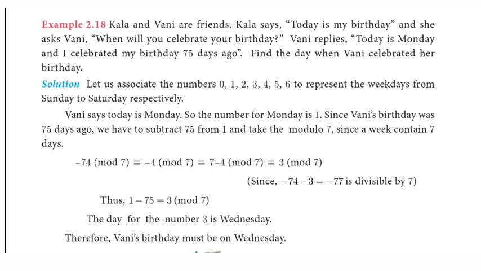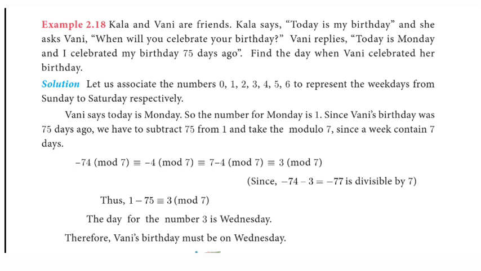1 minus 75 equals minus 74 mod 7. When 74 is divided by 7, the remainder is minus 4. Minus 4 mod 7 equals minus 4, but the remainder is not a negative value. Therefore, once again we subtract from the weekday count: 7 minus 4 is 3 mod 7.